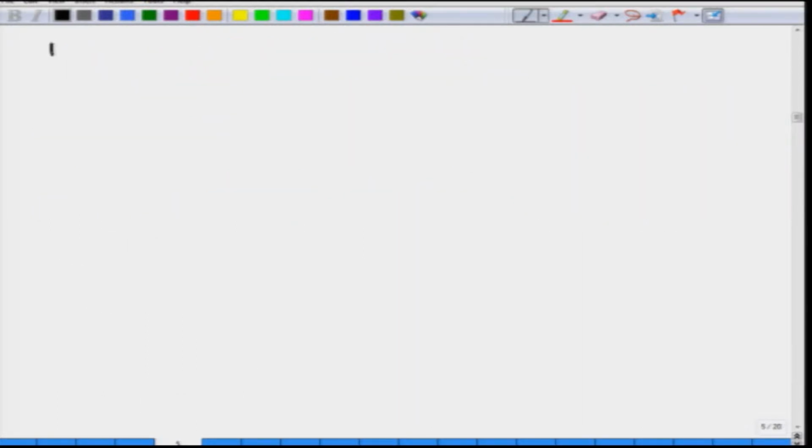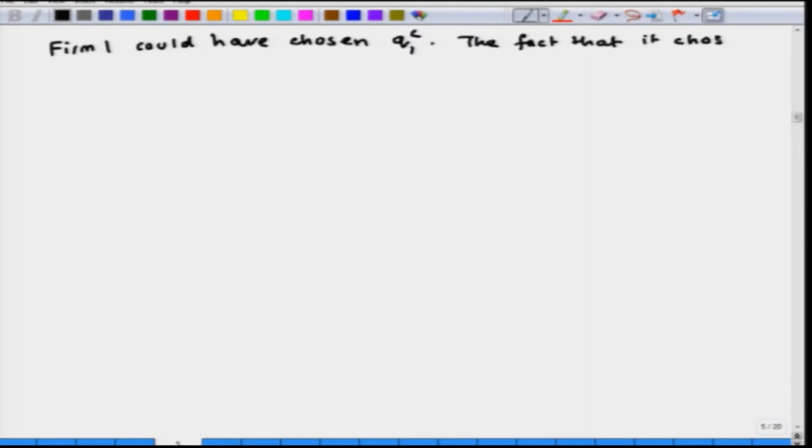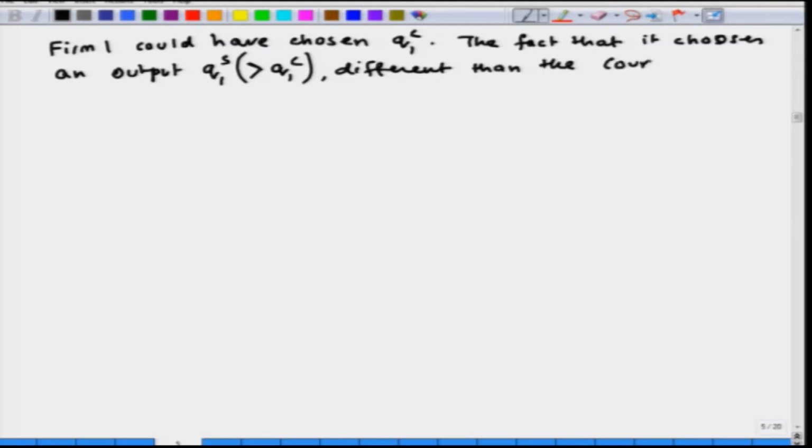So, firm 1 could have chosen the Cournot level of output, but the fact that it chooses an output Q1S, we still have to compute what the Q1S is, which is different, more specifically which is greater than Q1C, implies that its profit must have gone up.